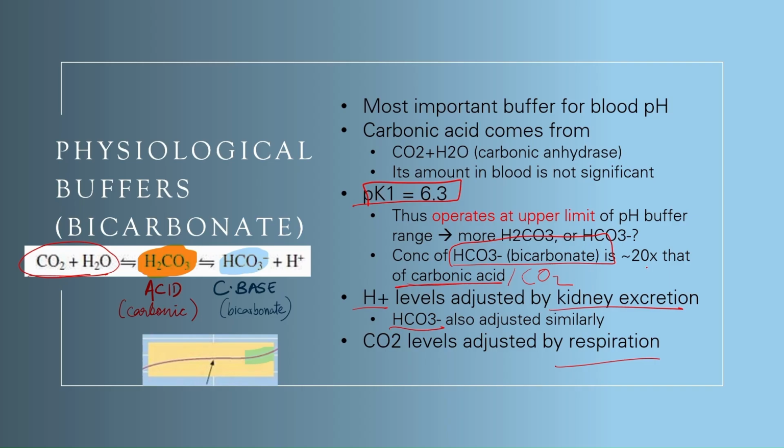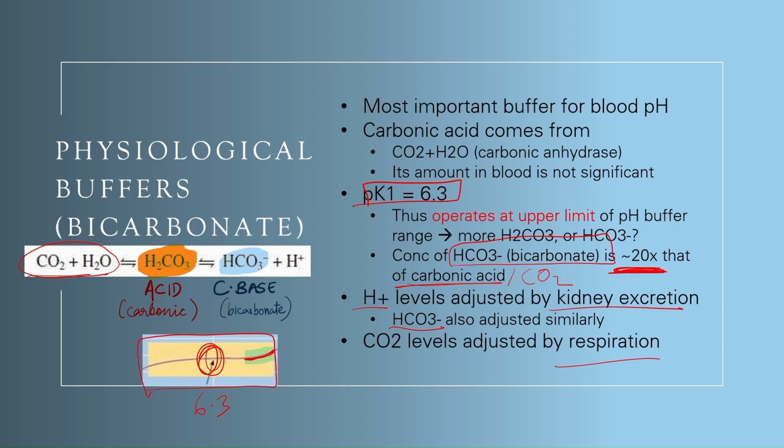So when you have 20 times more bicarbonate than carbonic acid in your body, what does that mean? You're gonna have the buffer range, and it's gonna maintain its pH at this really high range, because what is this region? It's gonna be something like 6.3, because that's its pK1.